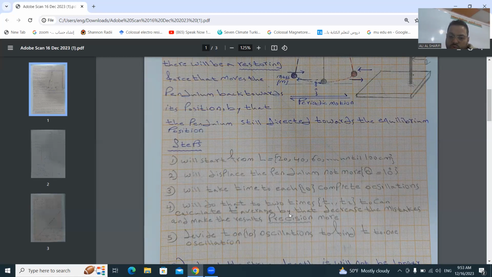We'll do that two times, T1 and T2. Like I explained in the first lecture, to decrease our mistakes, we will use the technique of taking the average.